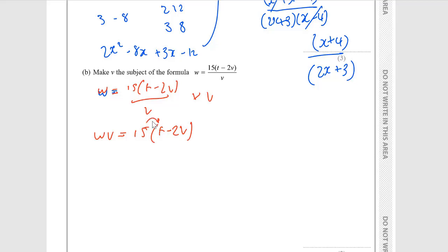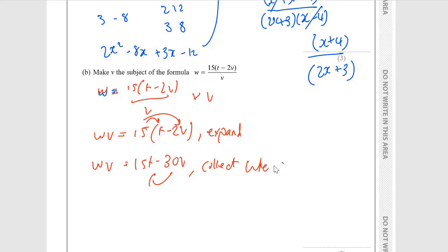And then let's expand. So we get 15t minus 30v equals wv. So collect like terms. So we've got wv minus 30v equals 15t, because remember that becomes a negative 30v.